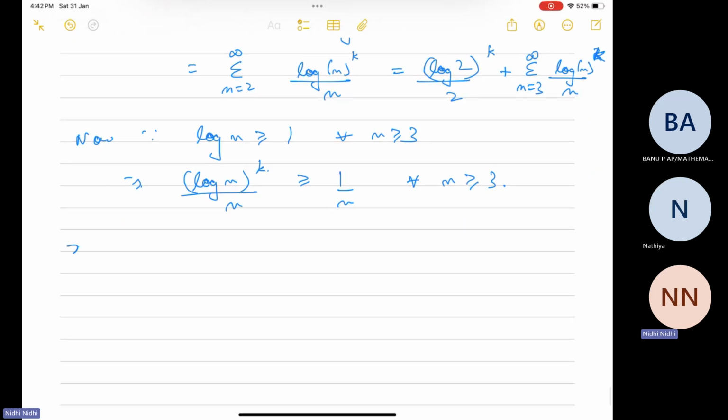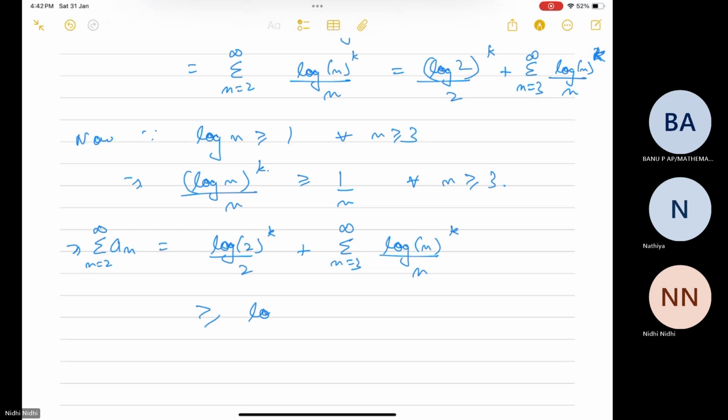Now this tells us that summation n from 2 to infinity an, which was log 2 to the power k upon 2 plus summation n from 3 to infinity log n to the power k upon n, is greater than equal to log 2 to the power k upon 2 plus summation n from 3 to infinity 1 by n.